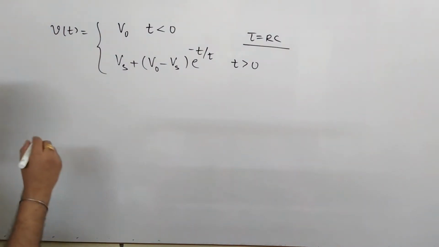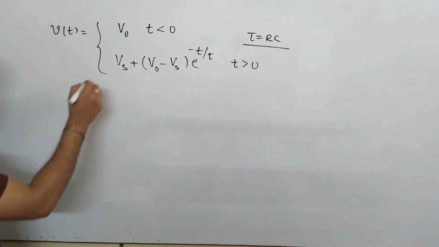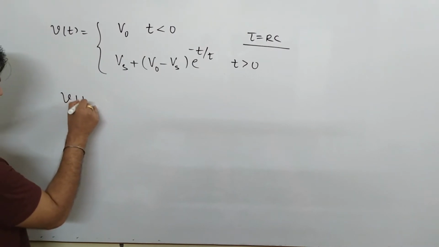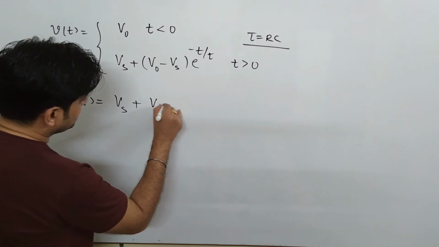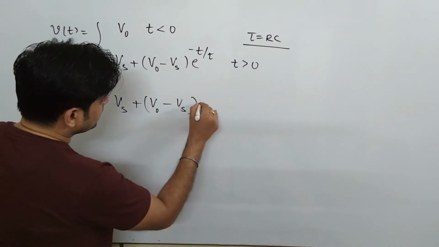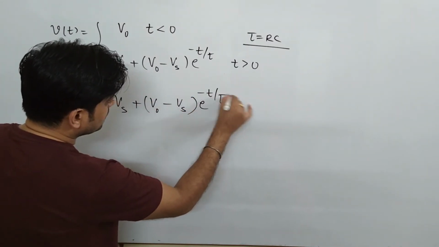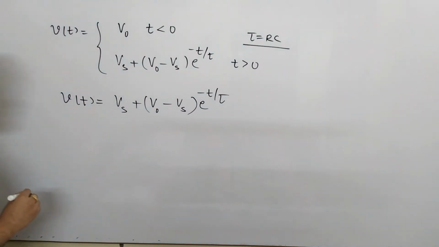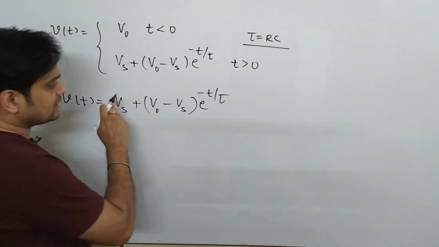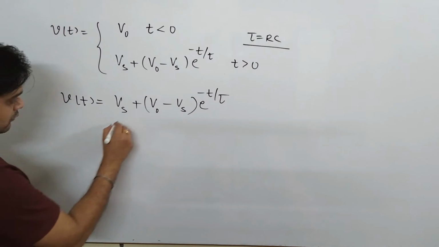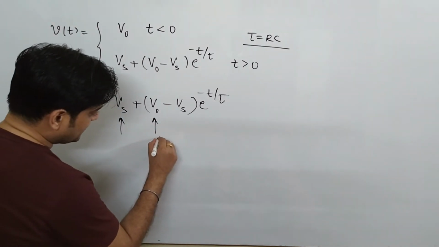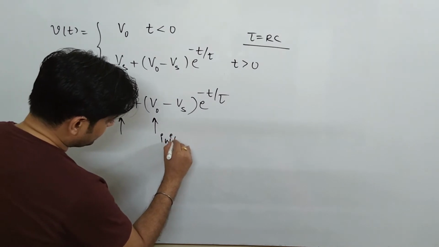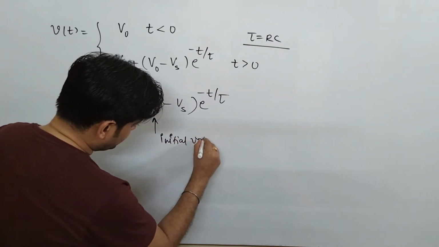Now if we analyze this equation, Vt is equal to Vs plus (V naught minus Vs) e to the power minus t by tau. This is very important because this basically is your solution. Here V naught is basically the initial voltage.